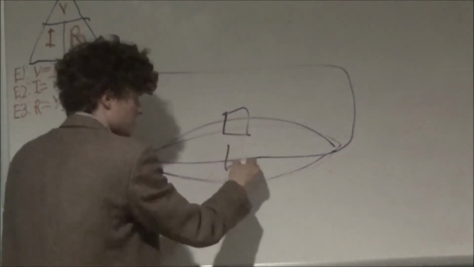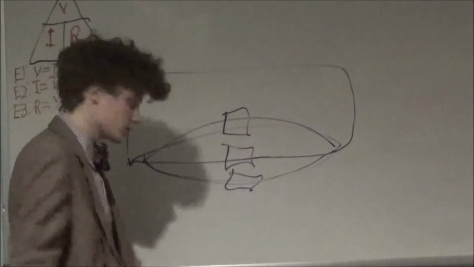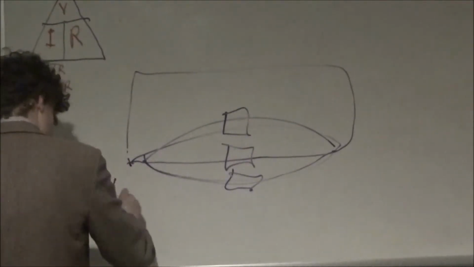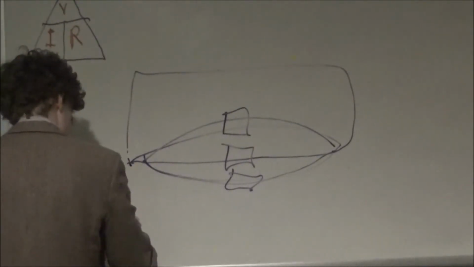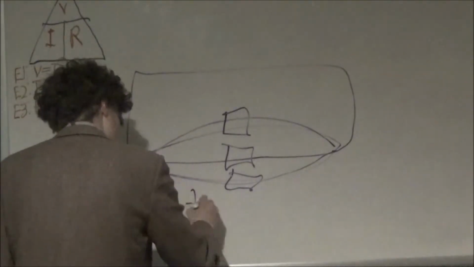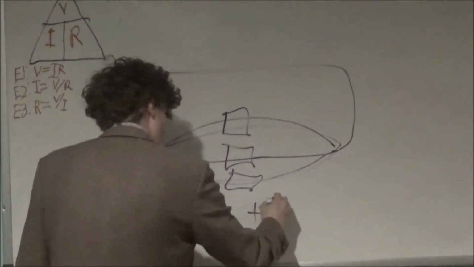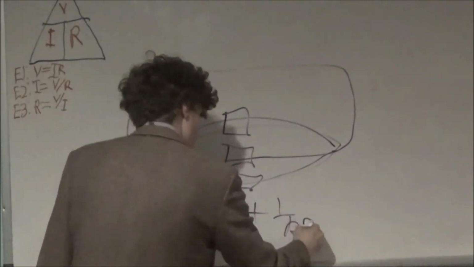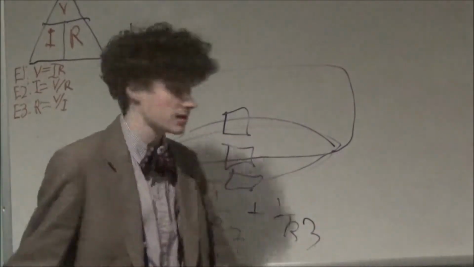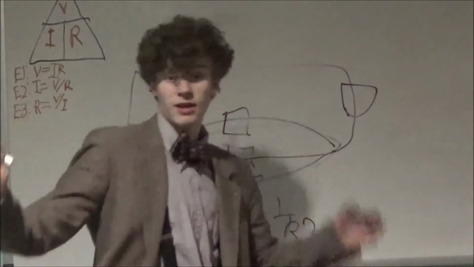So the equation is 1 divided by RT equals 1 divided by R1 plus 1 divided by R2 plus 1 divided by R3. The other big type of circuit is a mixed circuit, which will have serial and parallel elements.